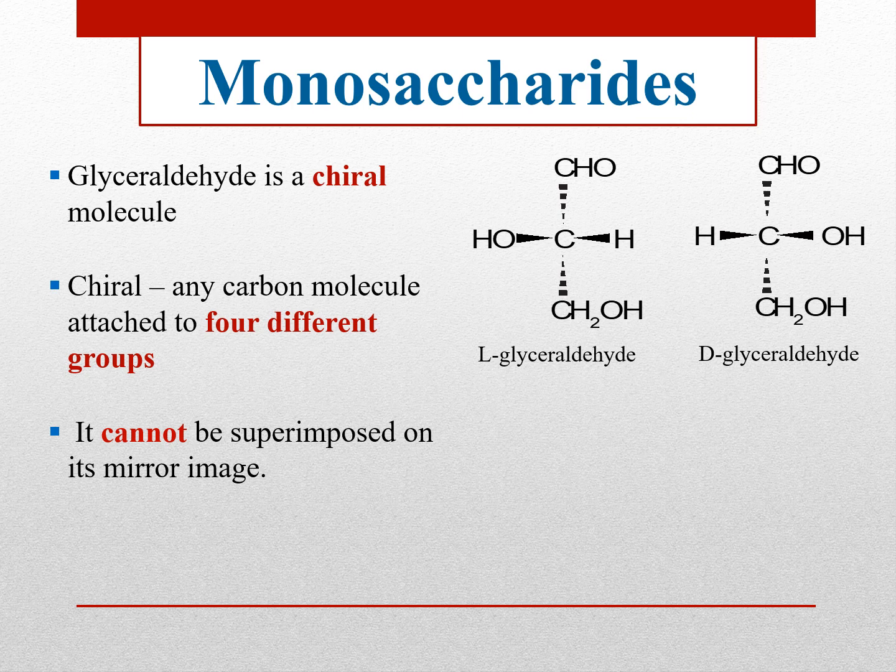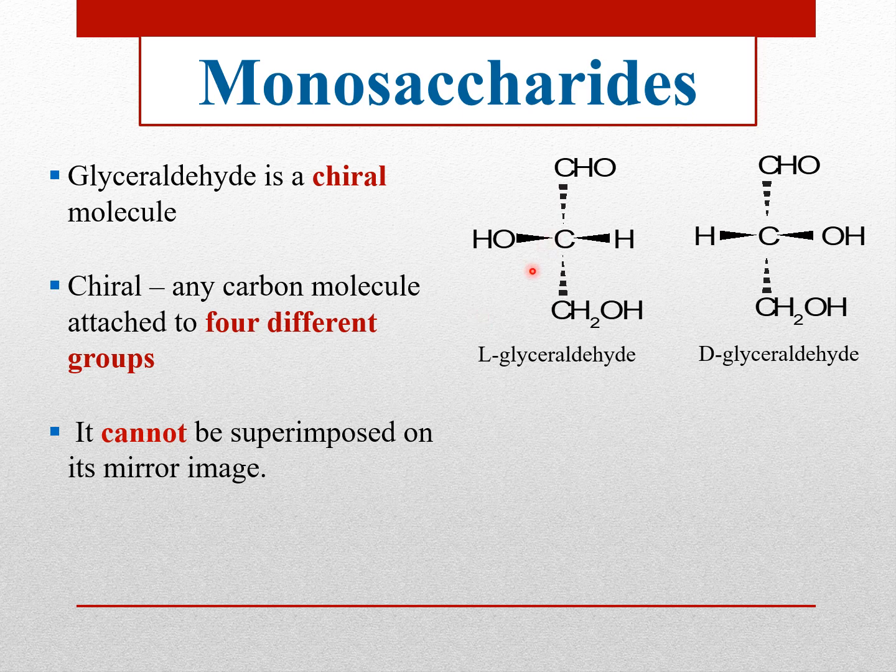More terminologies related to the chemistry of monosaccharide, therefore chemistry of carbohydrate. Now we learn something about chiral. Chiral is also referred to as stereogenic center. Stereogenic center or chiral refers to this carbon here, the middle carbon, where all the members attached to it are different. They have no similarities.